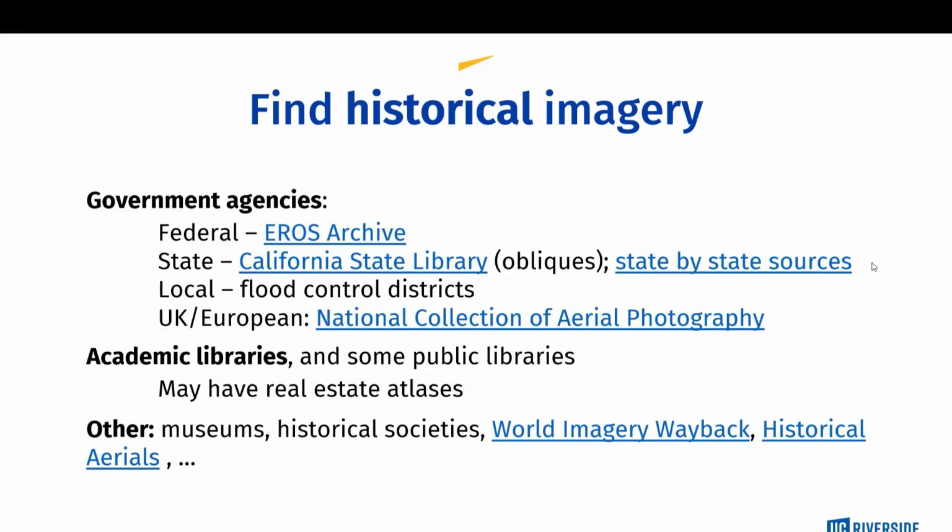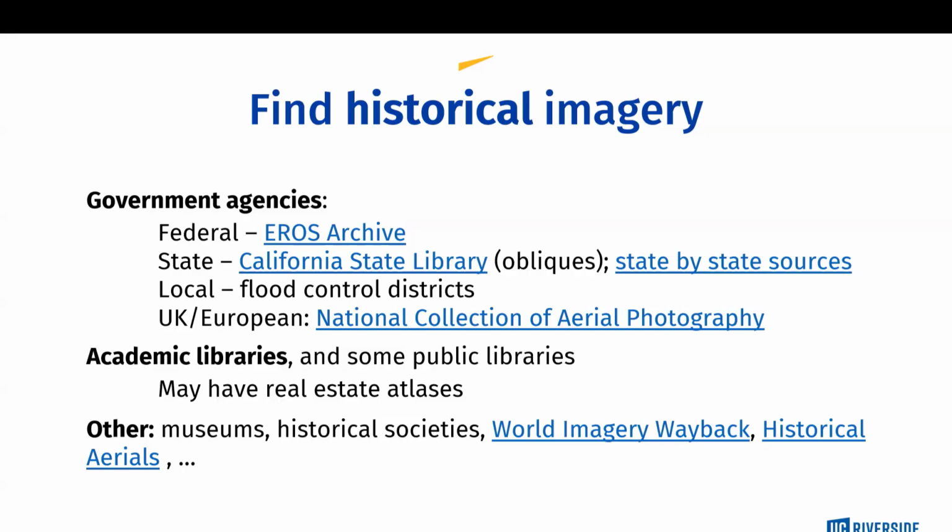And this is a library guide from a different university that has state by state sources of where you can find imagery for that state. As far as local information, you may not realize this, but flood control districts have often been in the business of acquiring aerial imagery that helps them do their work in understanding where the risks are and what they should build up and things like that.